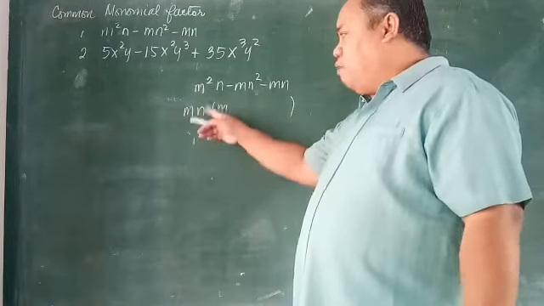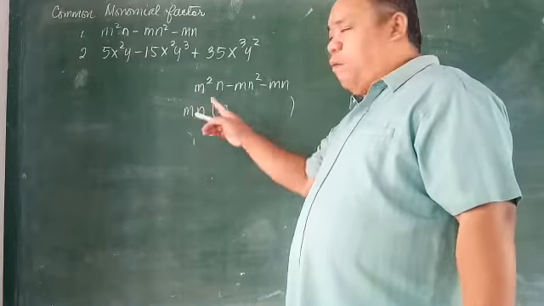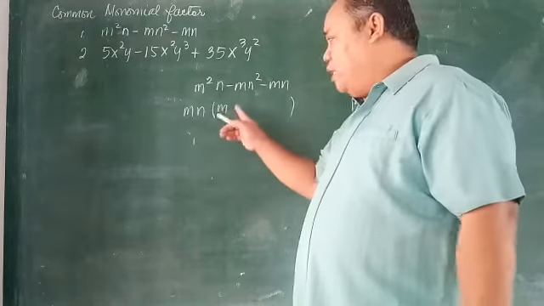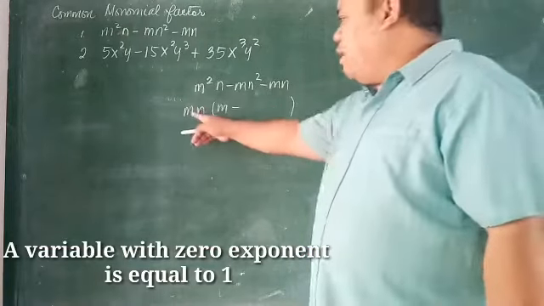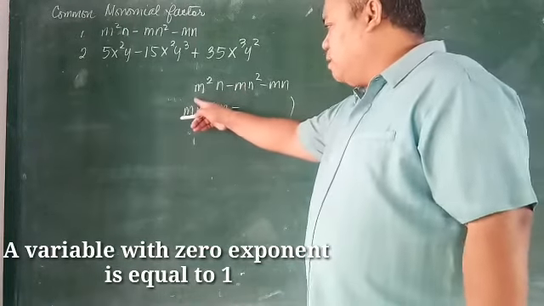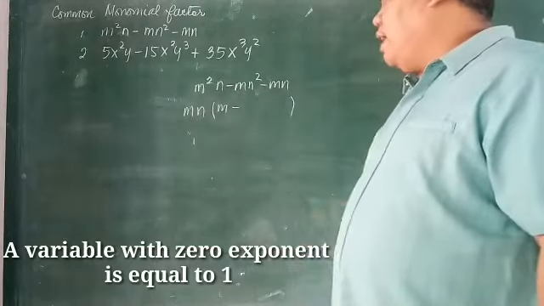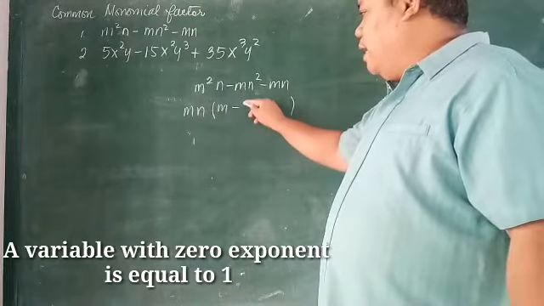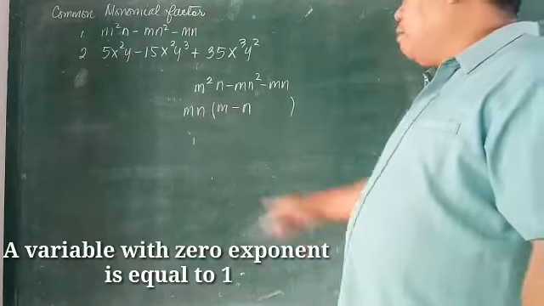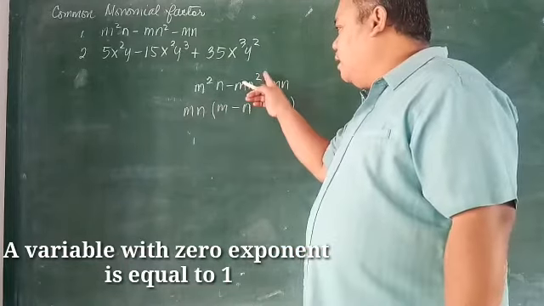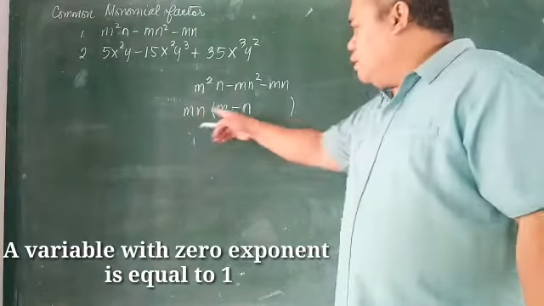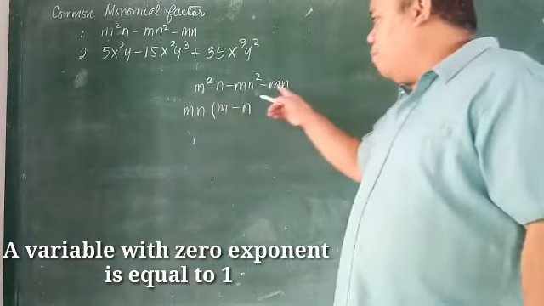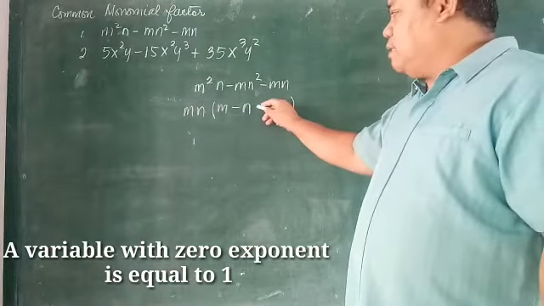Now what happens to this one, which has exponents 1 and 1? It becomes 0, so no need to write n here. Then minus. The n here is nothing because 1 minus 1 is 0. But this time, it has n here, because we subtract 1, and 2 minus 1 is n. And this last one, n divided by n is 1.